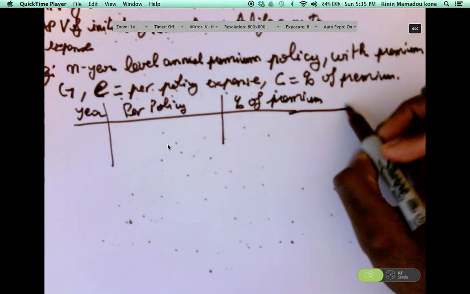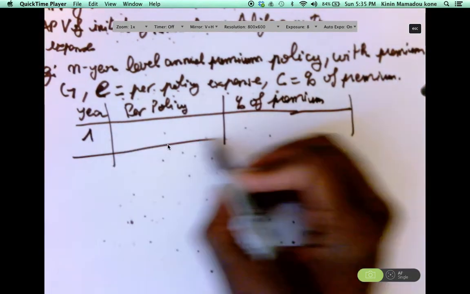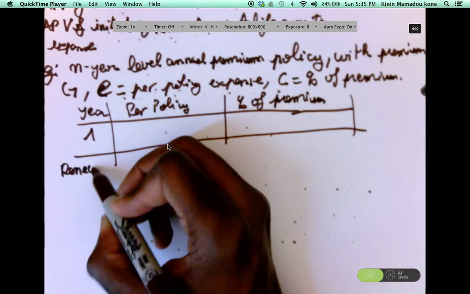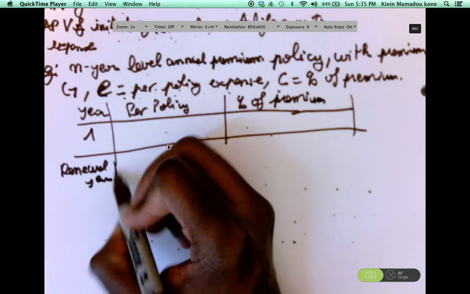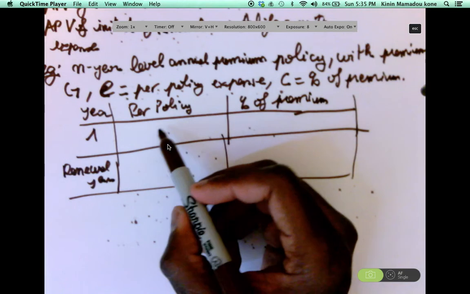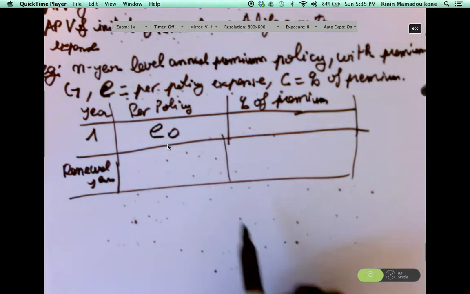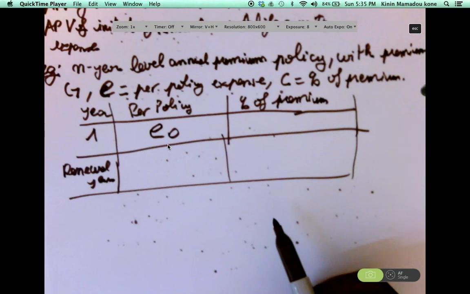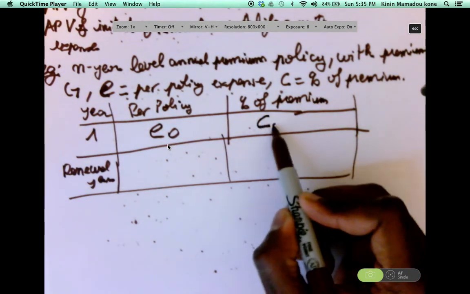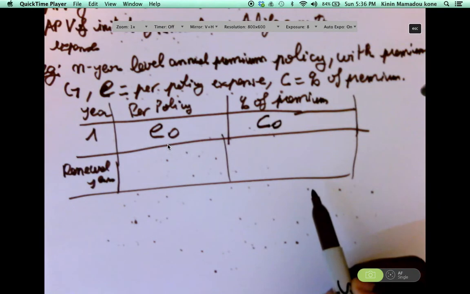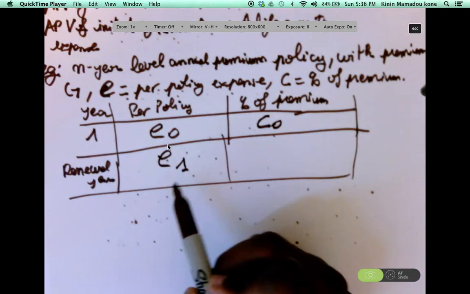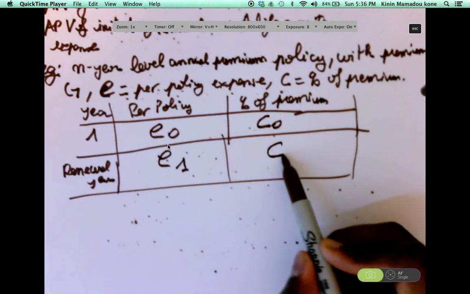The first year is here, and we have the second, the renewal years. So per policy at time zero, we have E0 as cost, and the percentage of premium at that time will be C0. In the renewal years, we have E1 per policy, and we have C1 here.